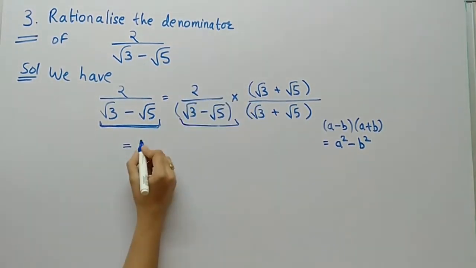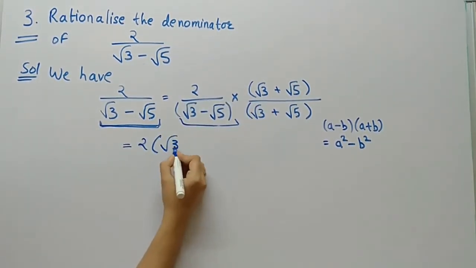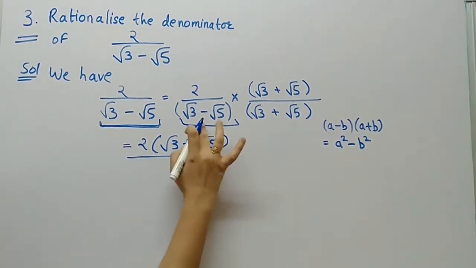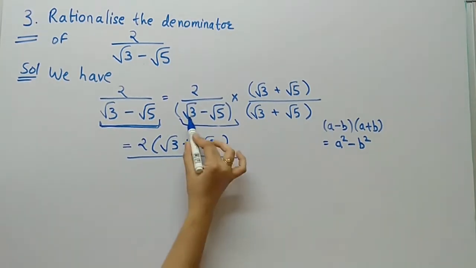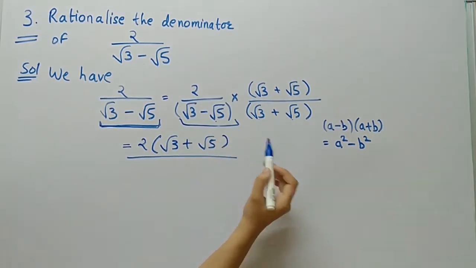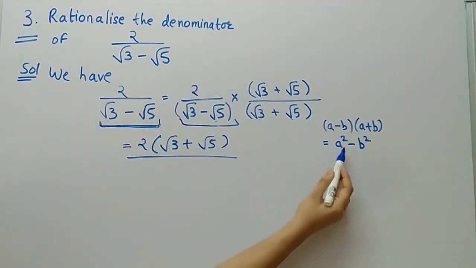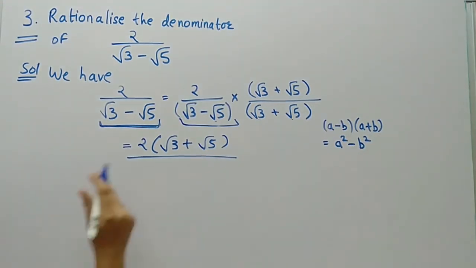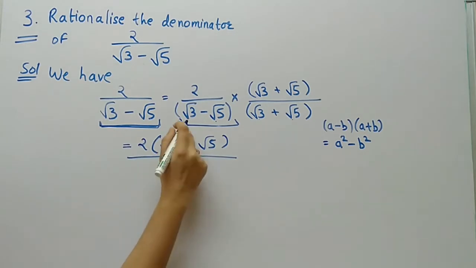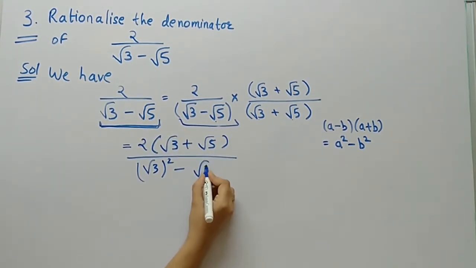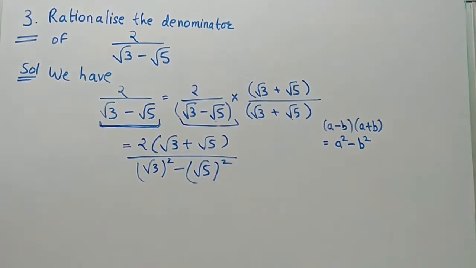So we get 2 times (root 3 plus root 5) upon, now we will use this identity, (a minus b)(a plus b), which is equal to a square minus b square. So this will become root 3 square minus root 5 square.